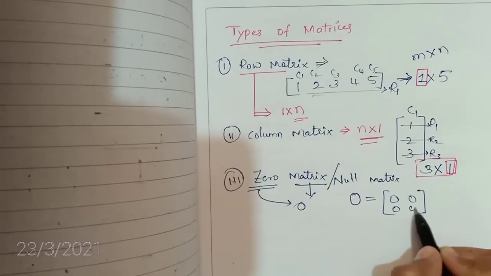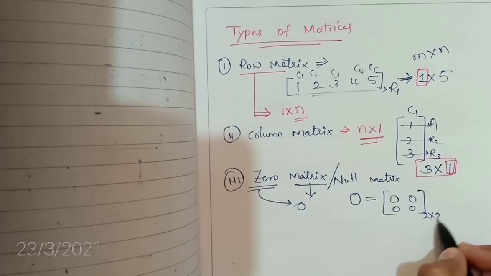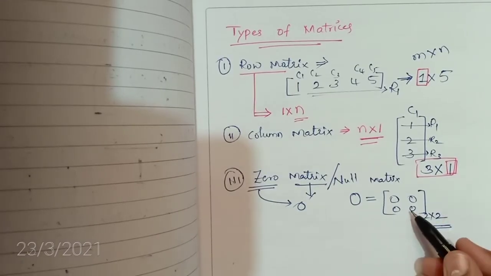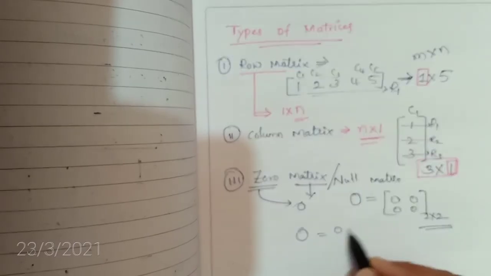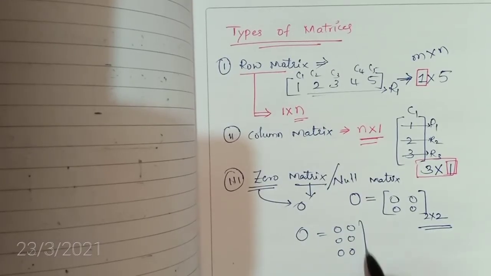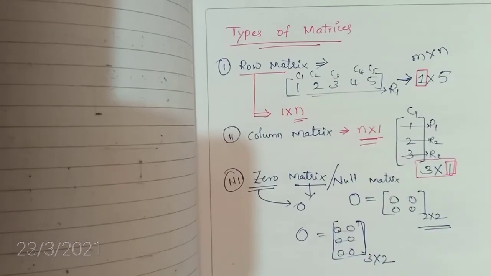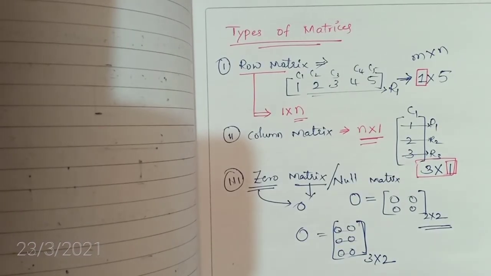I have just taken 4, it is a 2 cross 2 matrix. I can take some more like this as well, a 3 cross 2 matrix. So the 0 matrix is the matrix in which all the elements are 0.